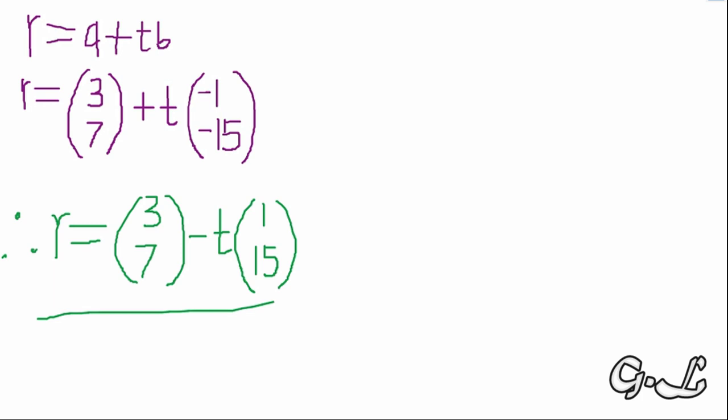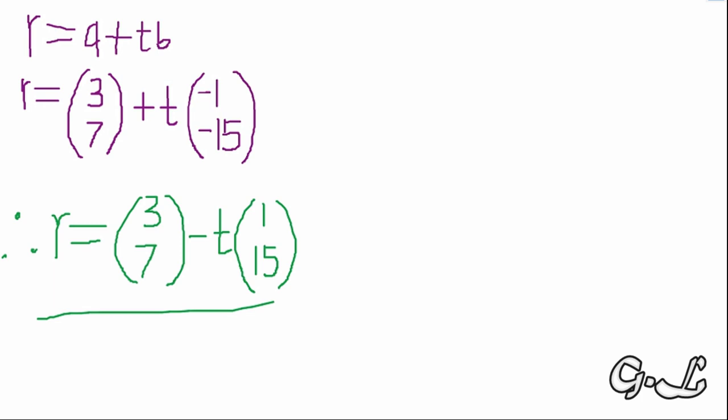I like the column vector way. But if you want to use i and j, 3 is going to be i and 7 will be j, and then 1 will be i and 15 will contain the j. So you can do the simplification if you want. But in this video tutorial, we're going to end here.